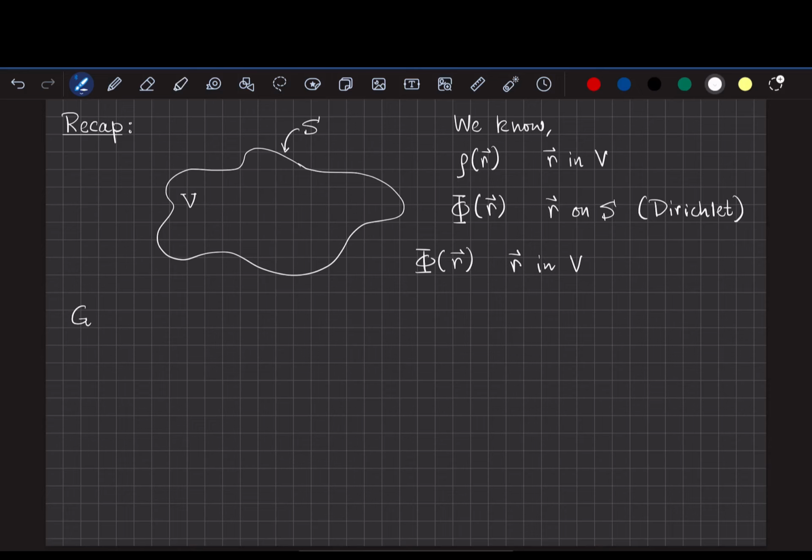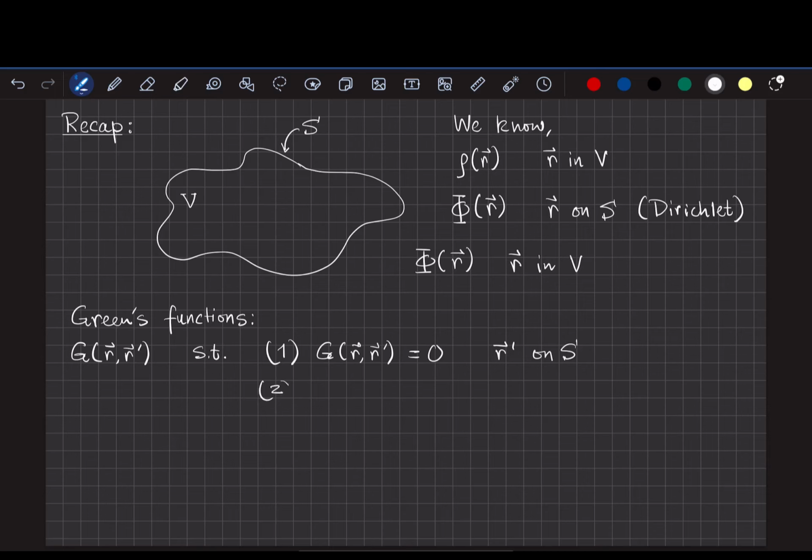Using Green's functions, we previously saw that if we can find a function g such that it satisfies the conditions that g vanishes on the surface and its Laplacian is minus 4 pi delta of r minus r prime.